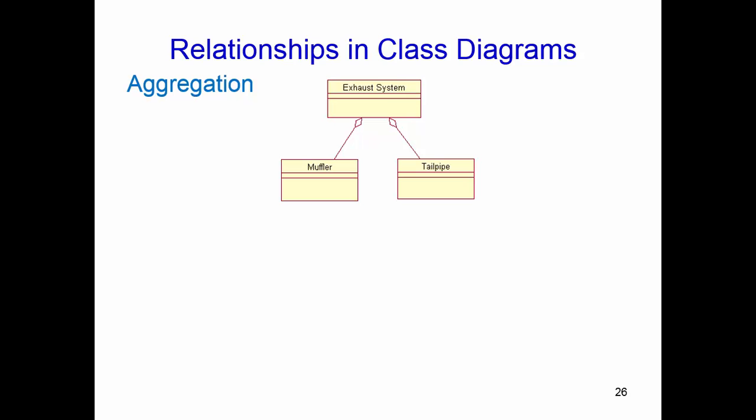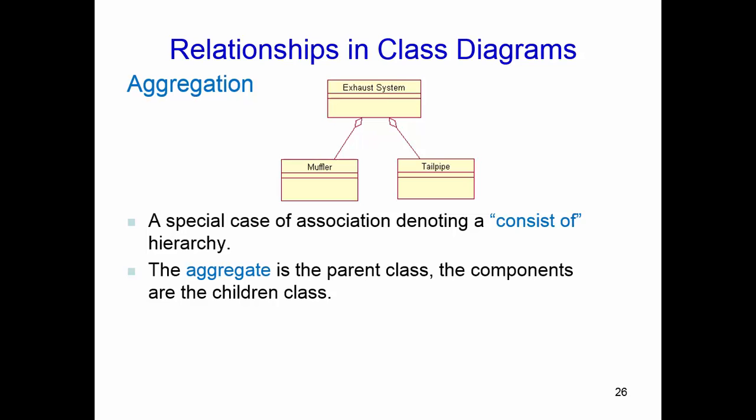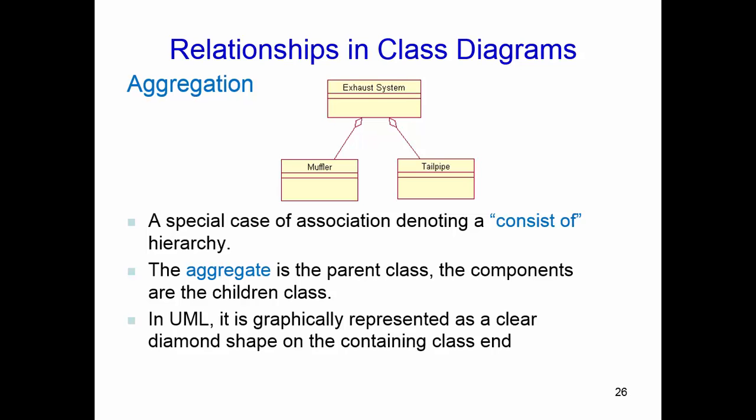So this aggregation is representing the components of that top class. It is a special case of association denoting a consists-of hierarchy. The aggregate is the parent class, the components are the children classes. In UML, it is graphically represented as a clear diamond shape on the containing class end.